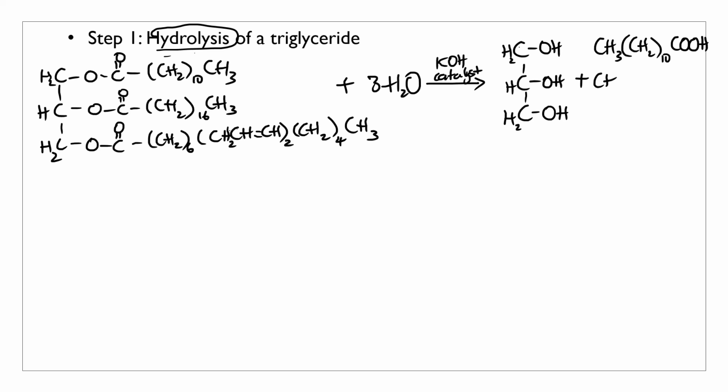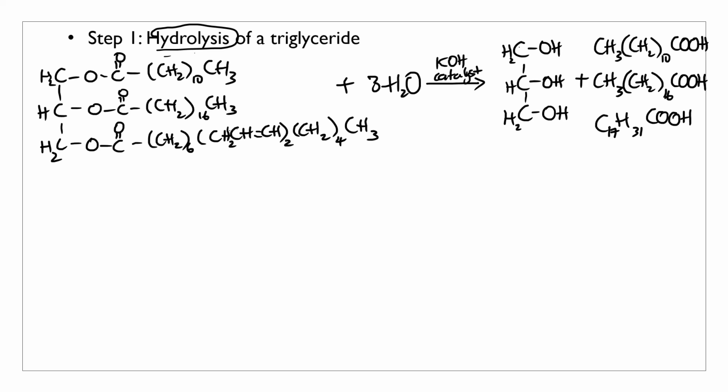And then the second one is CH3, CH2 16, COOH. And the third one, I'm just going to collapse this because I can. So C17, H31, COOH. I just don't have enough space here, but if you do, you can rewrite the whole thing.